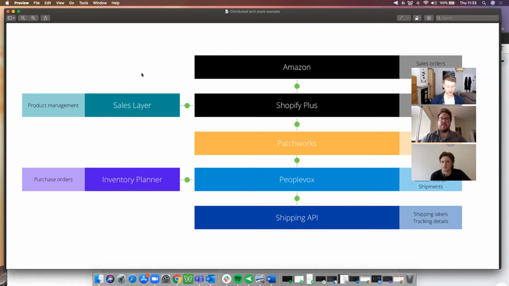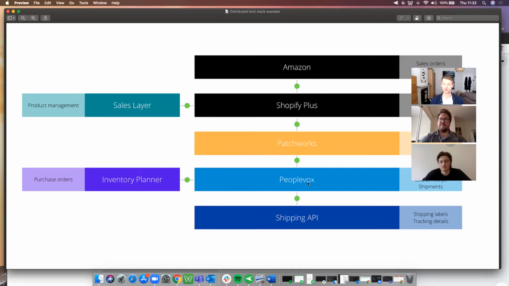The methodology we take is to think about what the master system is for specific pieces of data. For example, which system is the master of the product information and the catalog? That's Sales Layer. Which system is the master of your purchasing and knowing what you should buy and when? That's Inventory Planner. Which system is the master of knowing what is in your warehouse?